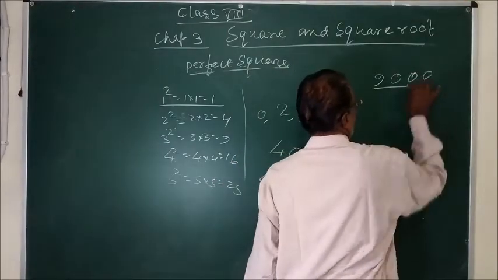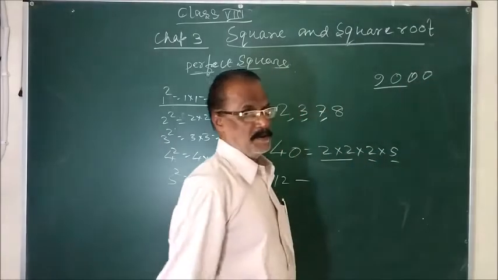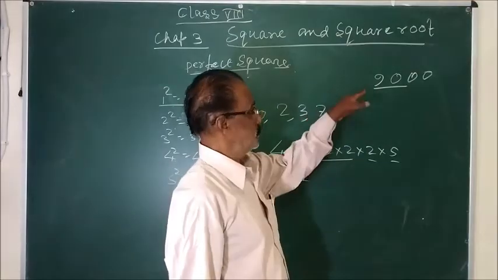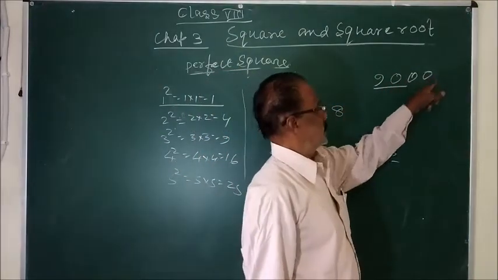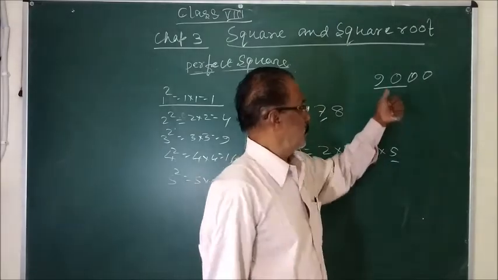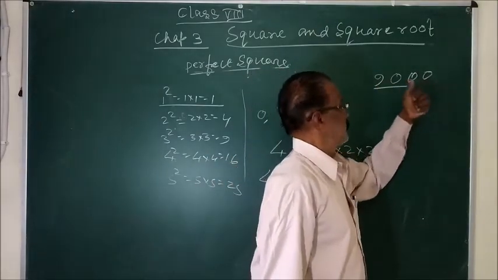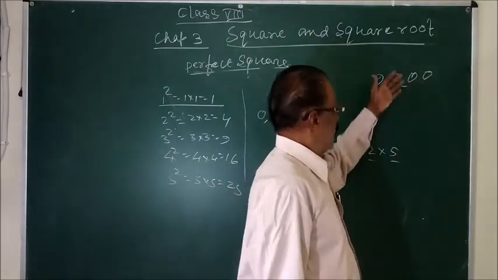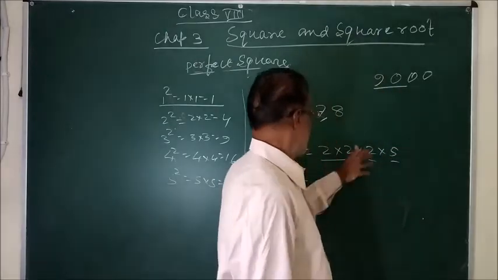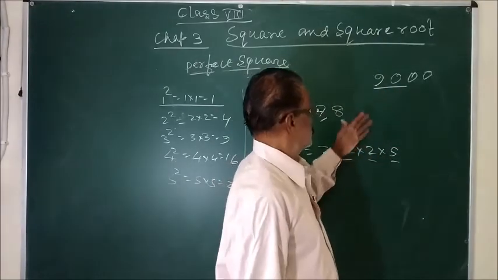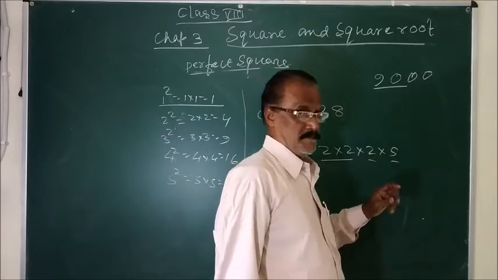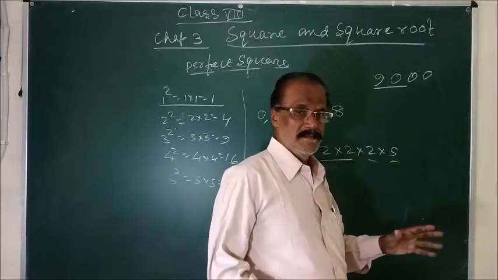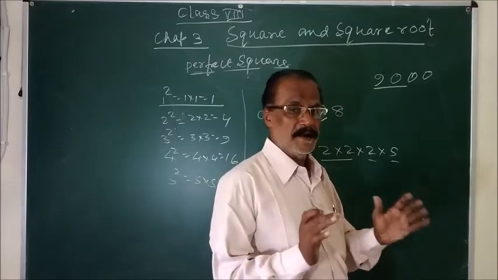Suppose you write 9,000. Can you tell me, is it a perfect square? No, sir. Because the number of 0s is 3, which is odd, and therefore this is not a perfect square. And if you verify by finding the factors, you will see a factor will be left over after making the other factors in pairs.